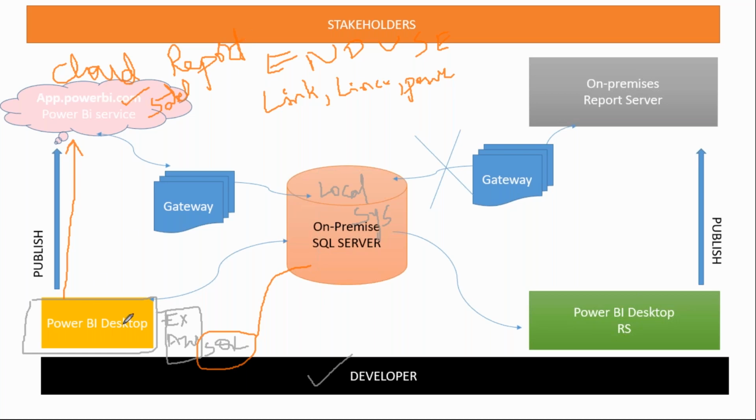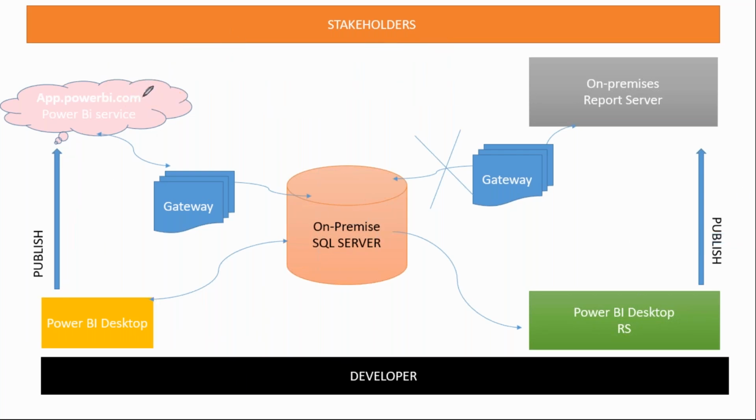Now I placed my report, which has a SQL connection, SQL data also, right? Now let me erase all these things. Now my report is sitting in the cloud. This guy is connected to this report.